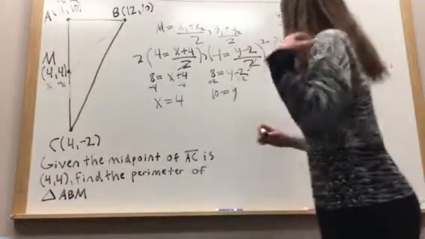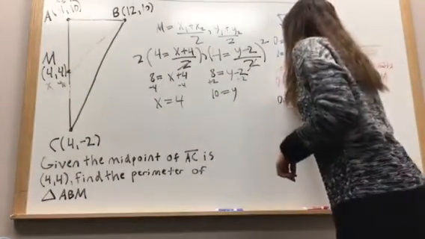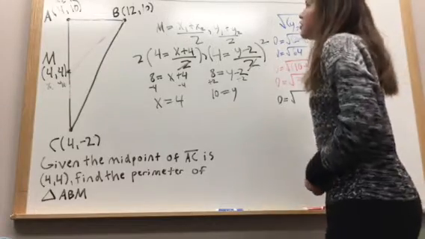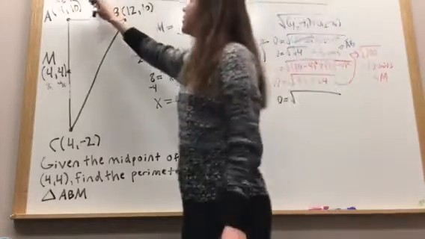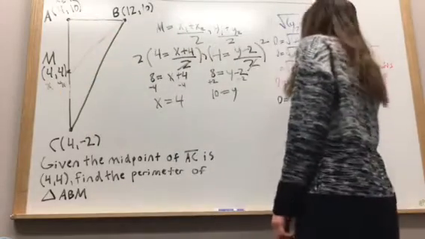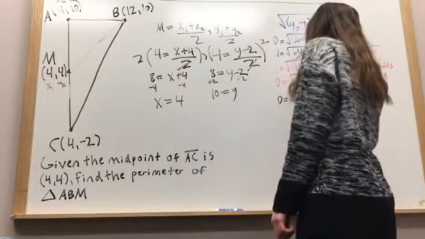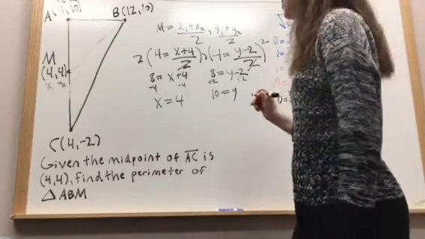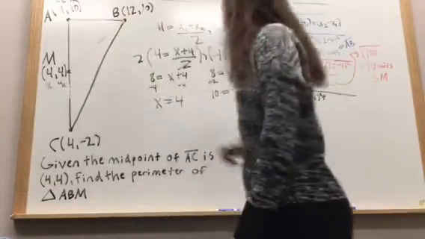All right, so let's get this started. Distance equals the big square root. I'm going to do y sub 2 minus y sub 1, so that means 10 minus 4, squared, plus my x sub 2 minus x sub 1, or in this case 4 minus 4.